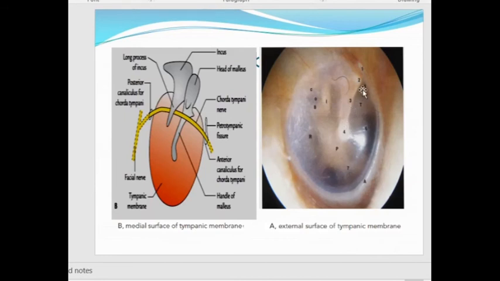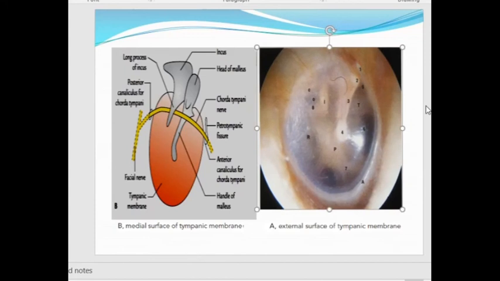The tympanic membrane is described as being purely gray in color, that is the pars tensa, and it is translucent because it is stretched due to the presence of the fibrous layer, and sometimes it is transparent. Transparent means a thin tympanic membrane, but it is not always thin. If it is thin, we could see the rest of the ossicles here.